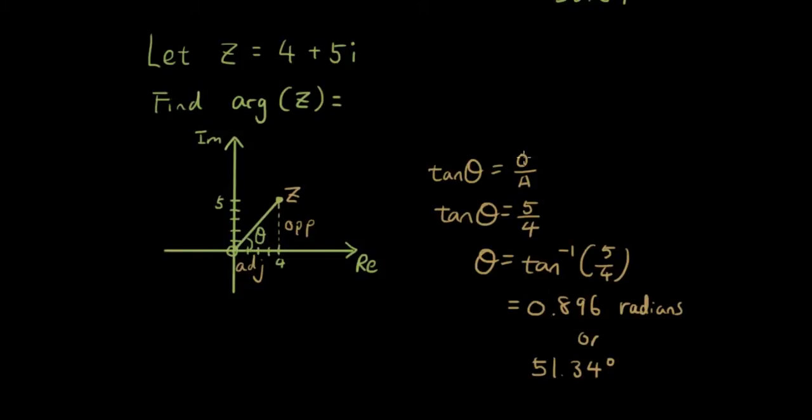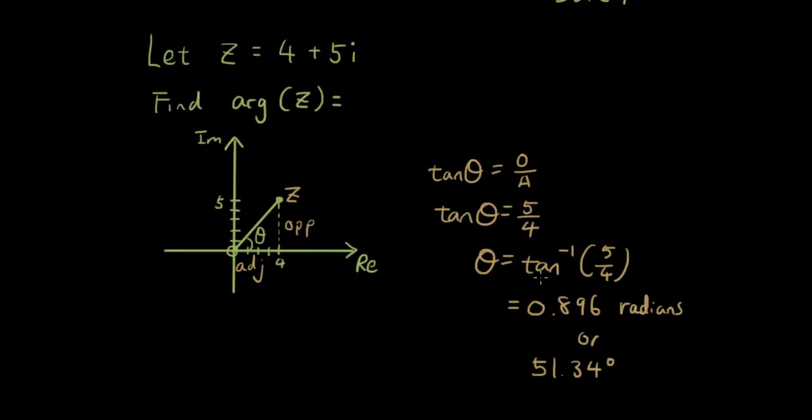To find that angle, use the tangent ratio, substitute the numbers in for opposite and adjacent, do the inverse tan, and you end up with theta equals 0.896 radians or 51.34 degrees.